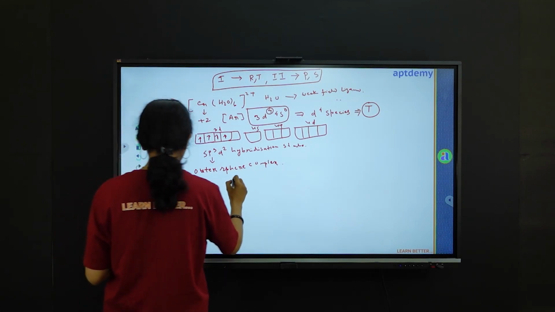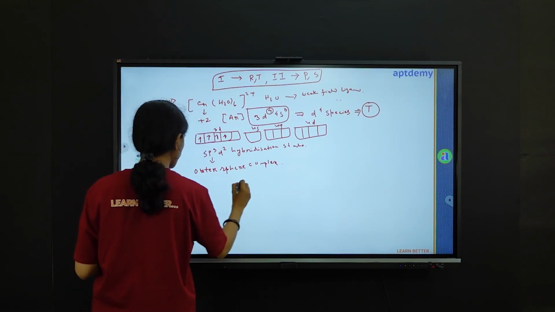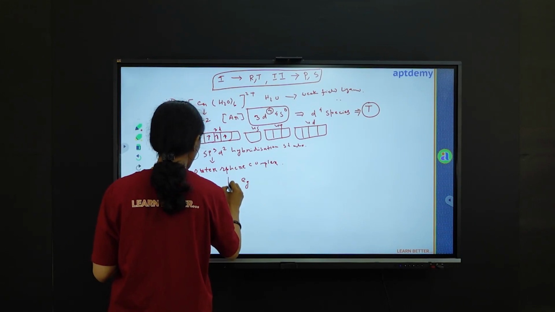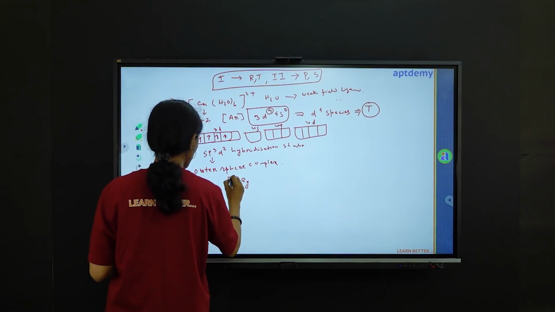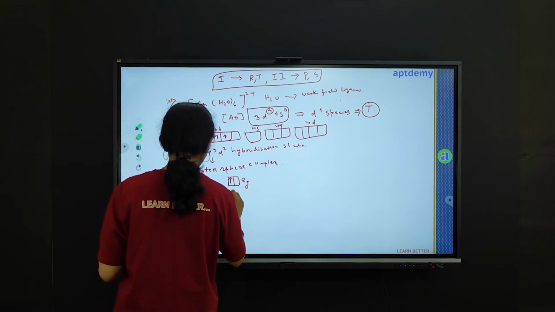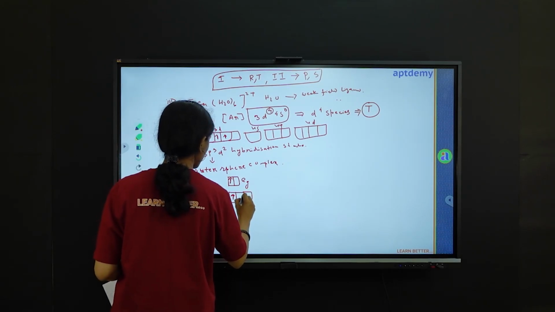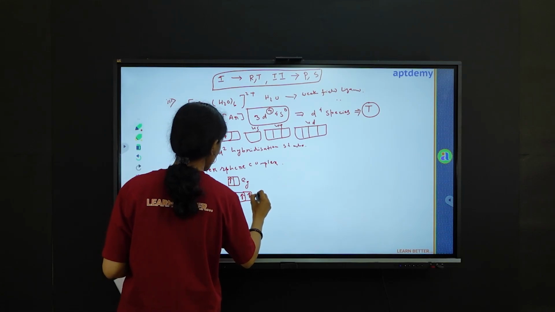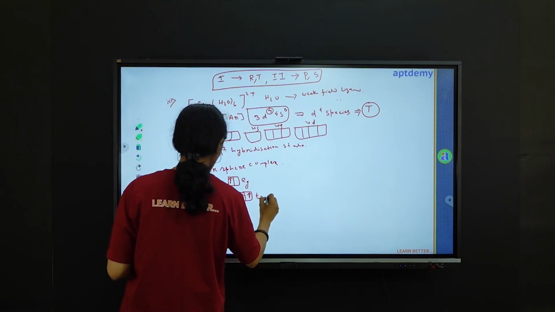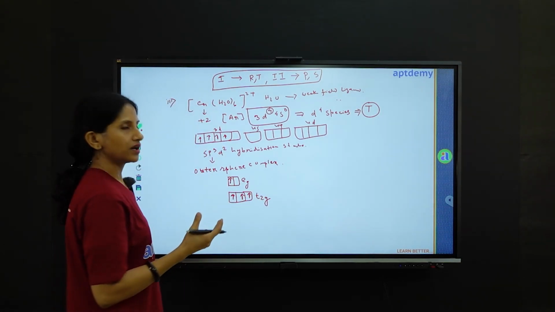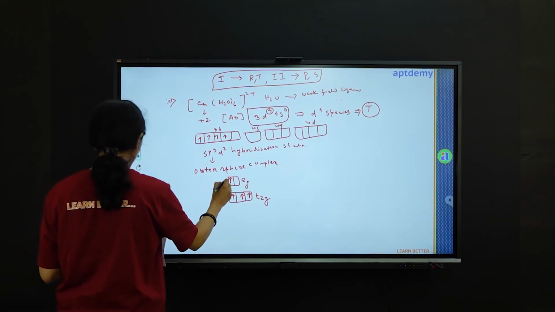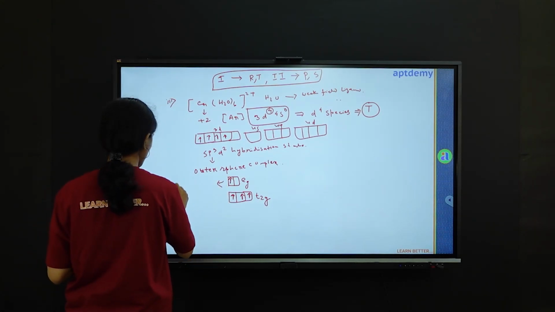And this is also a high spin complex because Eg is having 1 electron and our t2g is having 3 unpaired electrons, so it represents a high spin complex.